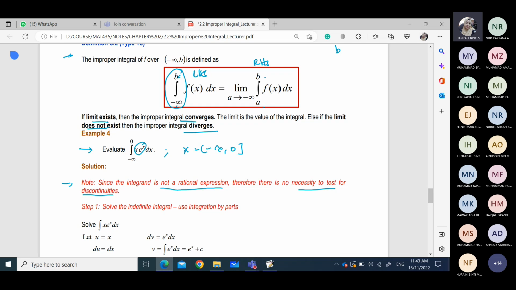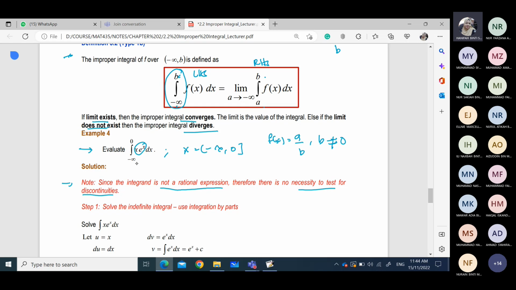A rational expression is a ratio, and the ratio involves a rule where the denominator cannot be zero. Let's say we have the function A over B. The rule for a rational expression is B cannot be equal to 0, so we need to check the discontinuity.